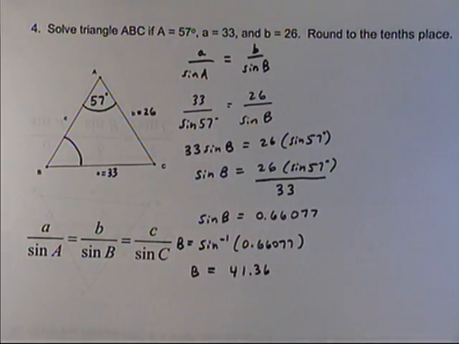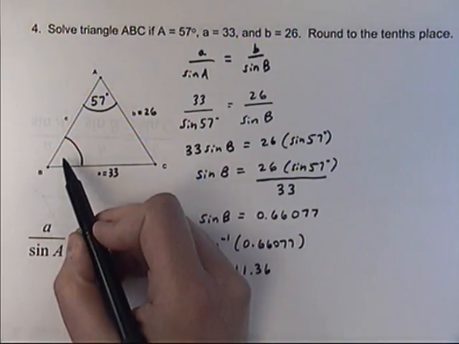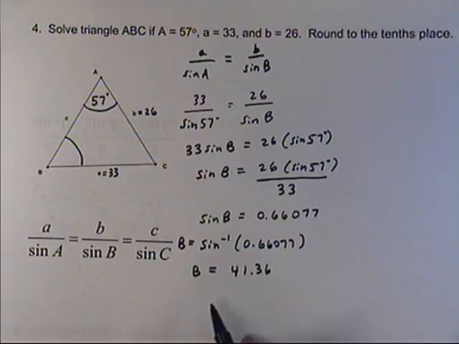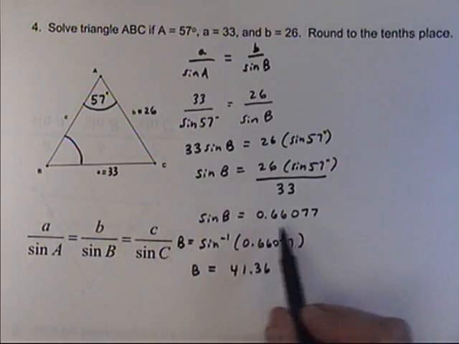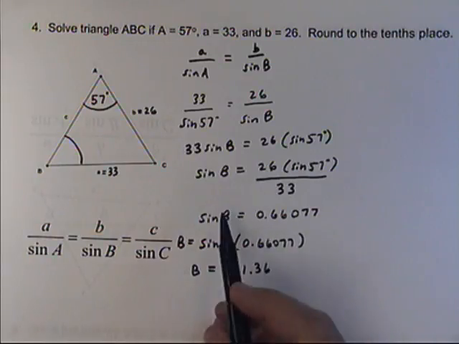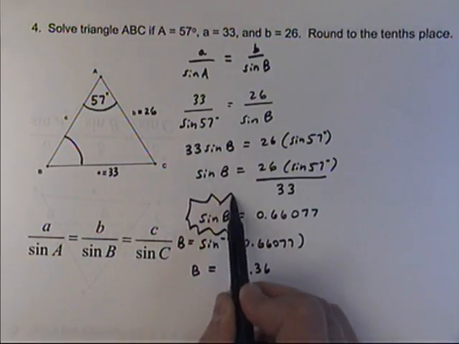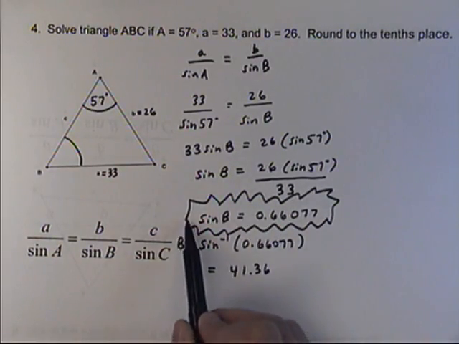Well, that may or may not be the case, because this may be a small angle, 41.36 degrees, or it could be an angle that's in the second quadrant, because when we take the sine of an angle and we get a positive answer, isn't it true that sine is like y, right?